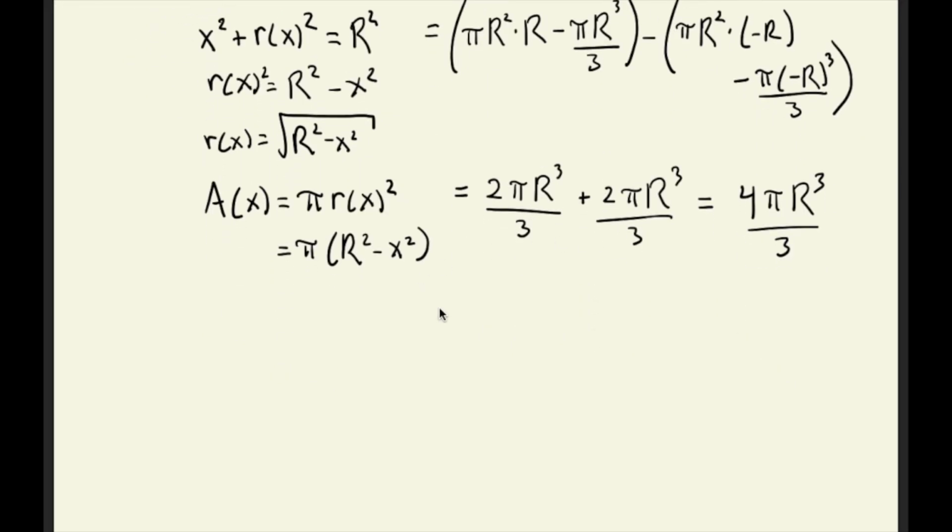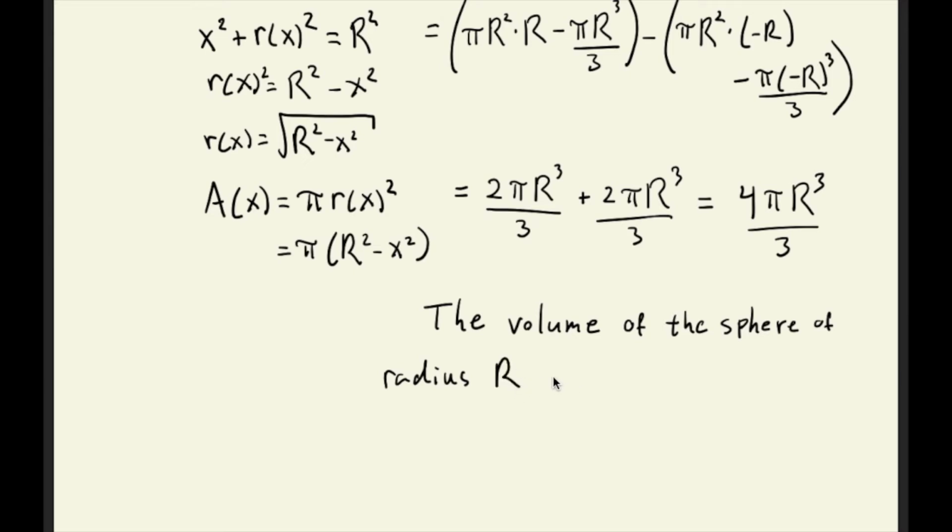Okay? So the volume of the sphere of radius r is 4 pi r cubed over 3, right?